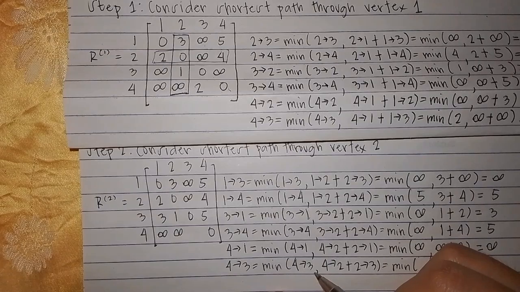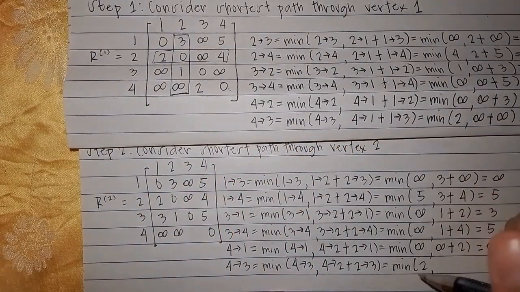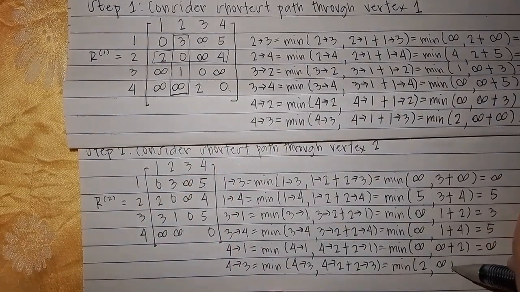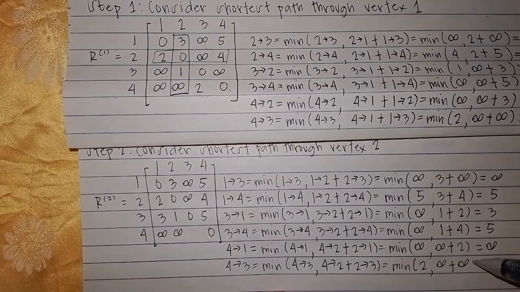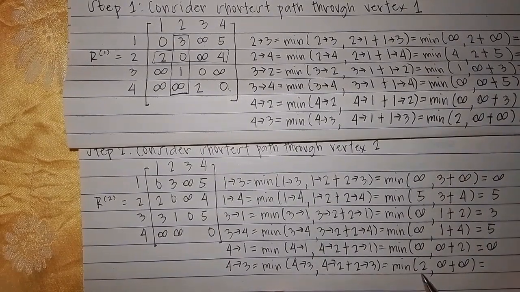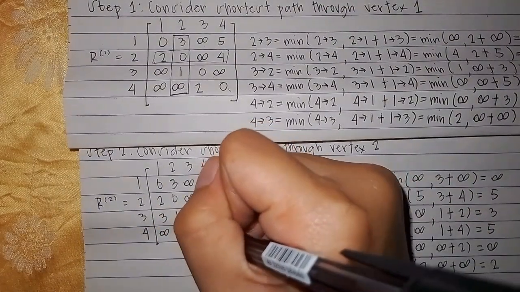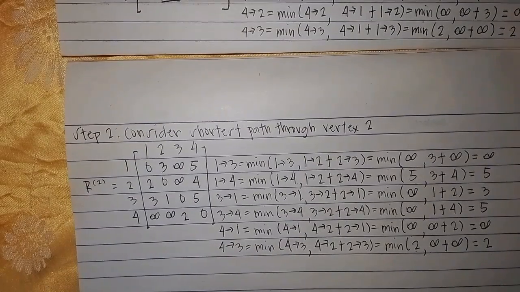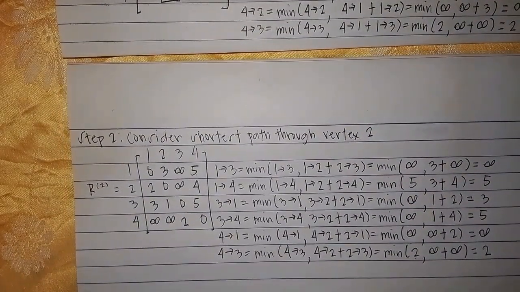So 4 to 3, as we can see, is 2, and 4 to 2 is infinite, plus 2 to 3 is also infinite. So we will get this as 2 because this is the minimum value. So 4 to 3 is 2. So this is the new matrix we have found by considering the intermediate vertex of 2. This is the cost matrix R of 2.